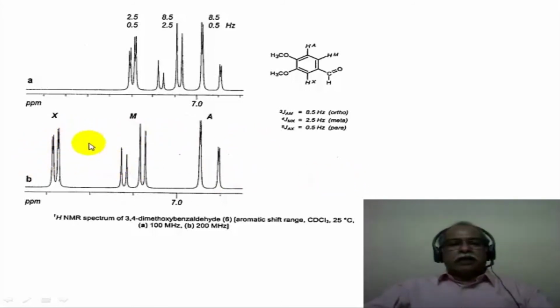Here you can very clearly see the X part to be a doublet of a doublet, and the AB part, which is further split into a doublet. In other words, the 4-line pattern is further split into a doublet of each line, for example, because of the meta coupling as well as the ortho coupling with the HM, for example, and HA, for example, are shown in this particular spectrum.